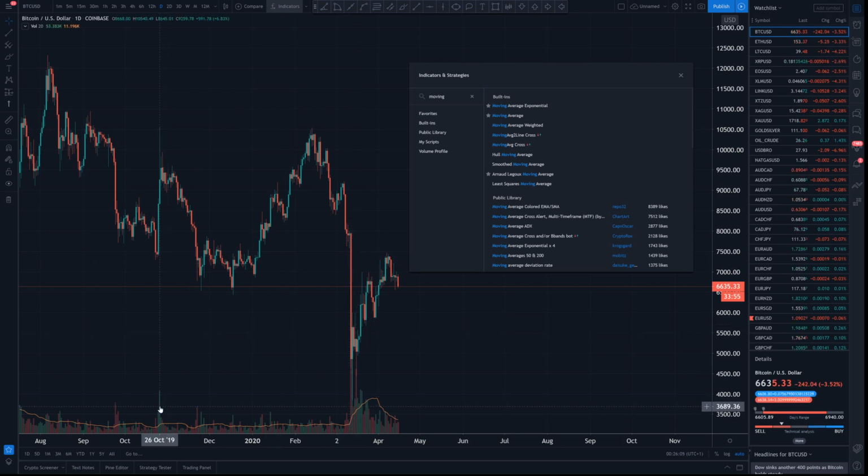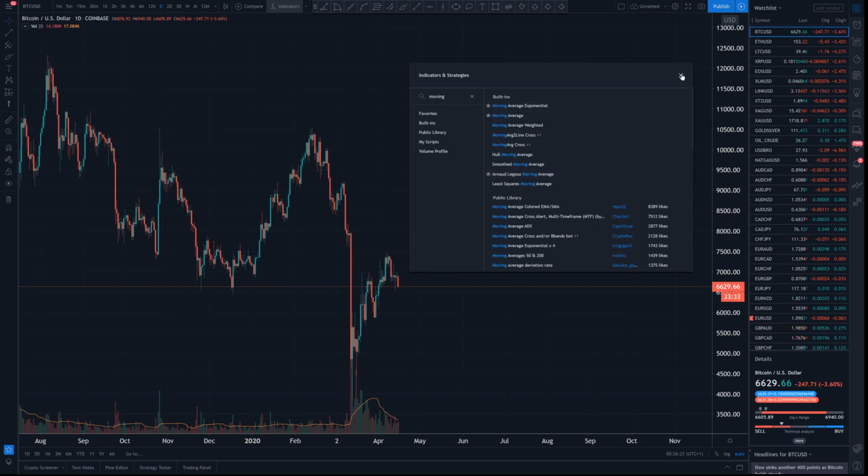So this is the volume. This long green candle here on October 26th, since we're on the daily, is the volume of this green candle on that day. And so you don't have to worry about the volume, but do play around with these indicators and strategies and take a look. There are many good ones out there, very good authors.